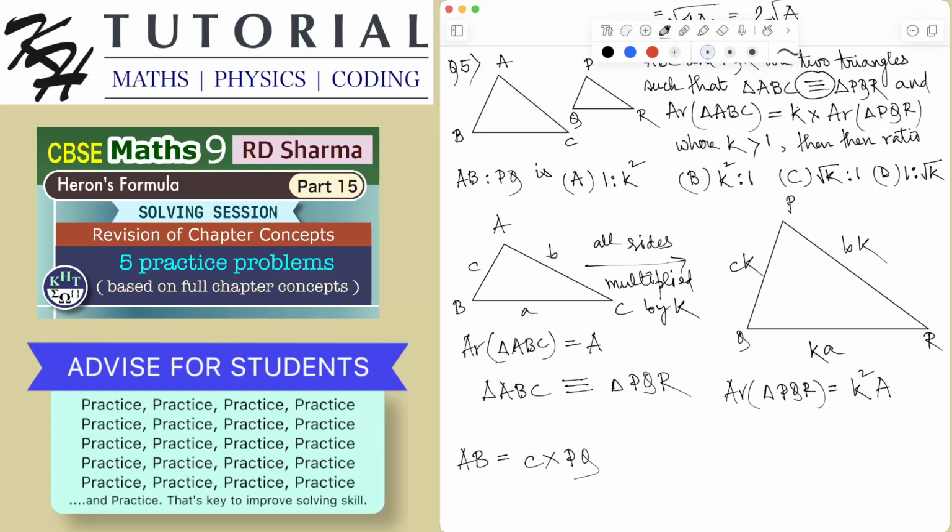Since it is given triangle ABC is similar to triangle PQR, which means that we must have PQ by AB should be equal to QR by BC should be equal to PR by AC. The corresponding sides will be proportional. So we must have the side AB equal to some constant times PQ.